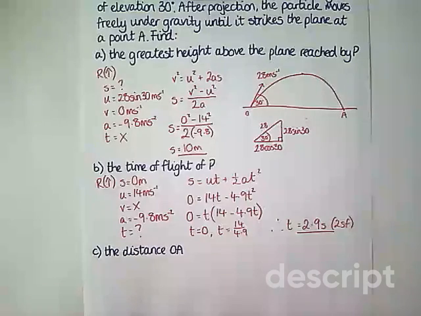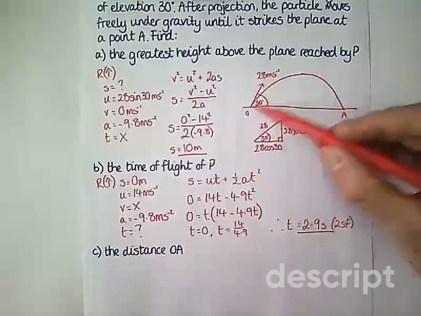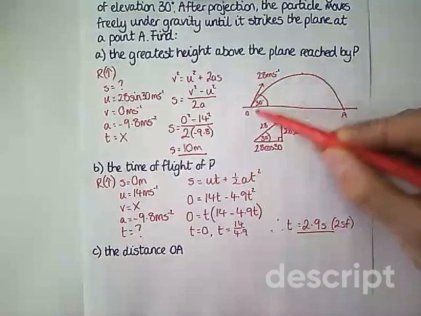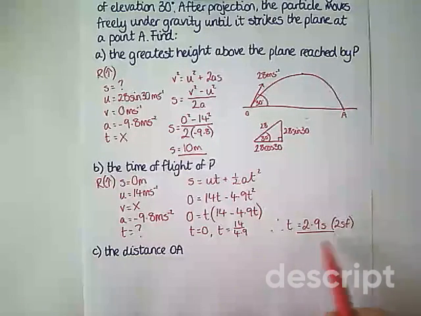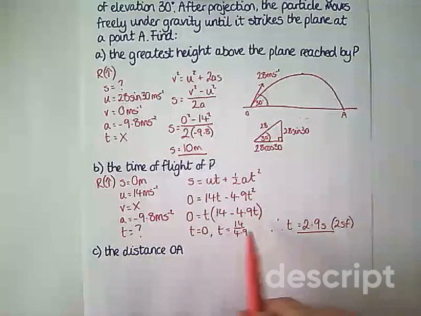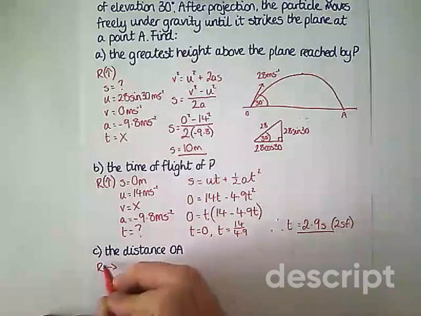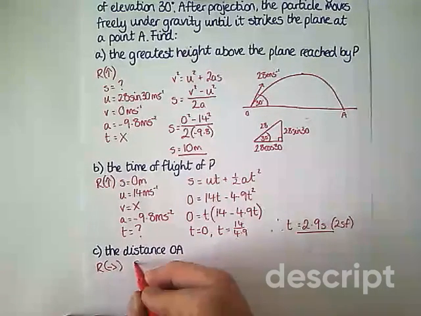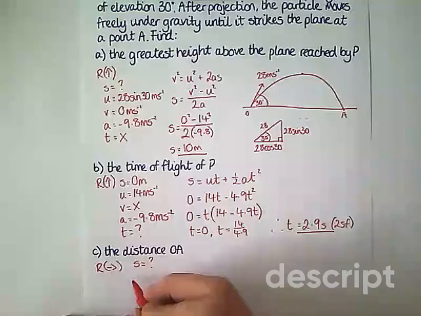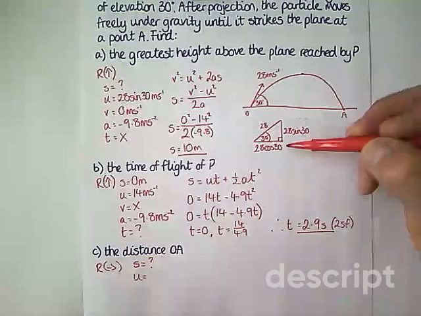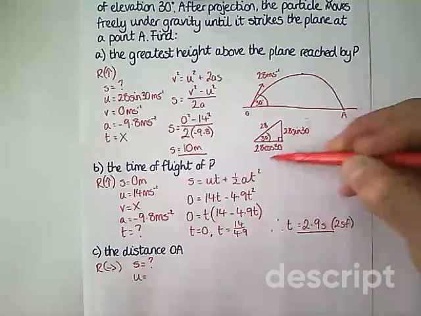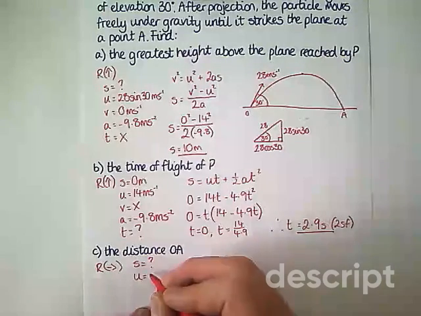And then lastly, we want to find the distance of OA. Okay, with the distance. Well, we know how long it takes now. Yeah, we got this time for the whole flight. So now we can resolve horizontally. Okay, we're trying to find that horizontal displacement. Our horizontal initial velocity is 28 cos 30.